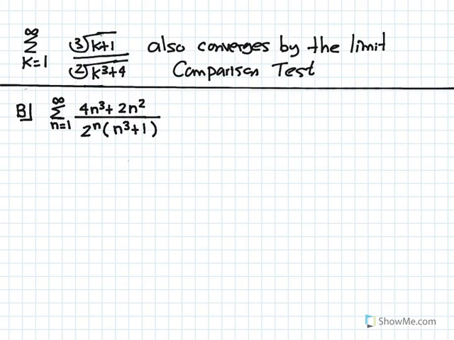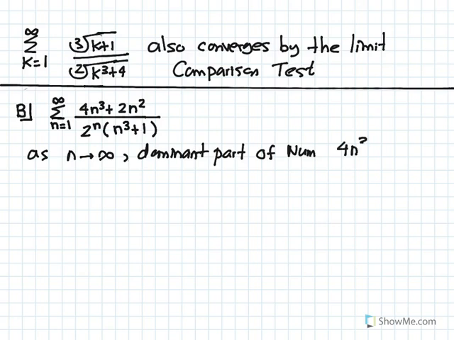All right, let's look at question B. Here we have the summation from n equals 1 to infinity of (4n cubed plus 2n squared) divided by 2 to the n times (n cubed plus 1). As n goes to infinity, the dominant part of the numerator is going to be the highest power, which is 4n cubed.